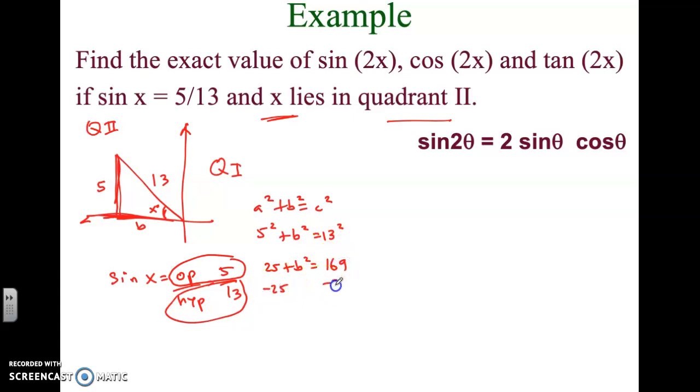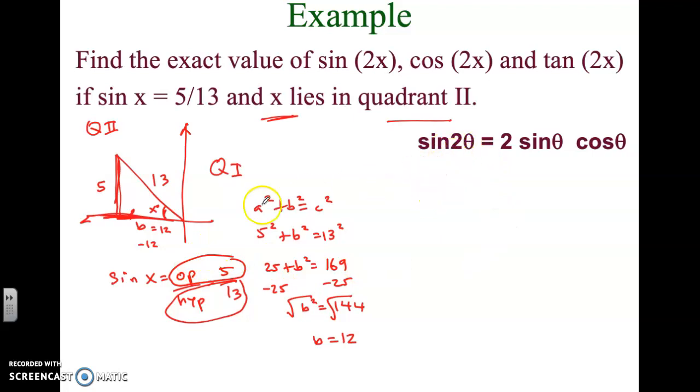Minus 25 on both sides, b squared equals 144. Square root of that, b is equal to 12. But remember, because this is in Q2, this dimension is going to be negative 12 because I'm going to the left. That side is going to be negative. Alright, cool.